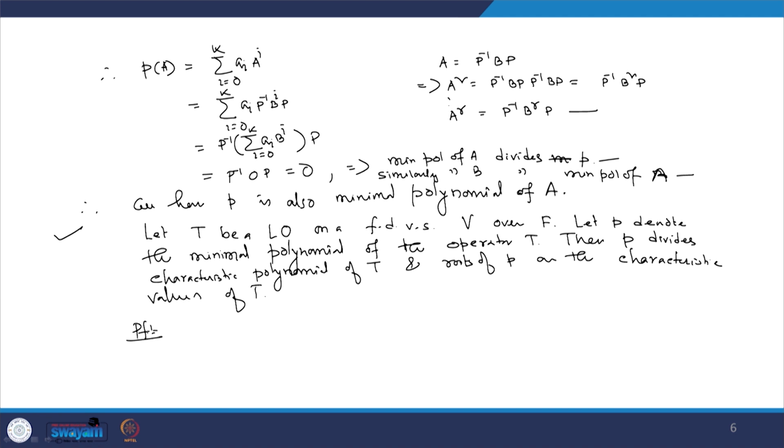P divides the characteristic polynomial of T. That is coming as a consequence of our definition of the ideal and the definition of the minimal polynomial. Since we know the set of polynomials which annihilate the operator T is an ideal, and the minimal polynomial is basically the least degree monic generator of that ideal.